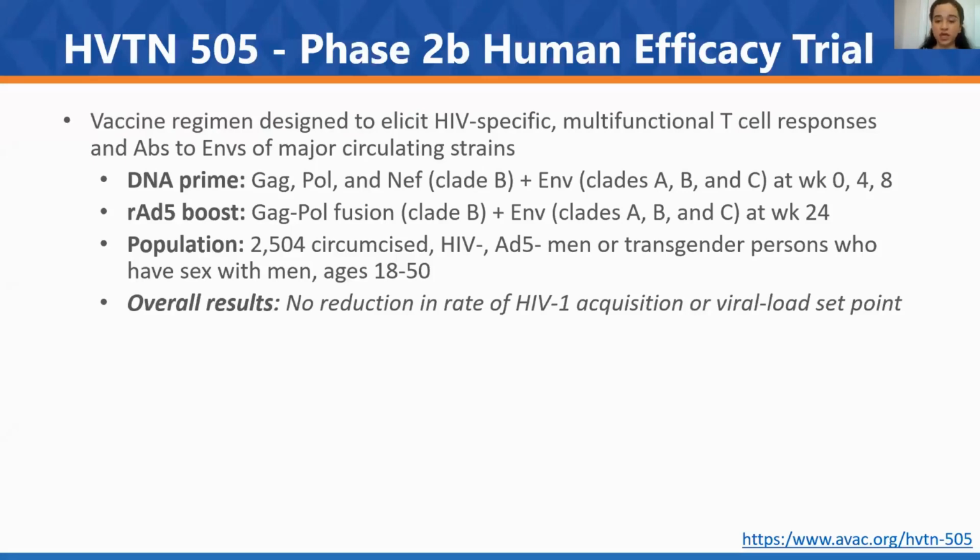The first 3 were at week 0, 4, and 8, which were DNA prime, and then there is a rAd5 boost at week 24. The general population was 2,504 circumcised, HIV negative, Ad5 negative men or transgender persons who have sex with men, ages 18 to 50. The overall result of this vaccination was that there was no reduction of HIV-1 acquisition or viral load set point.